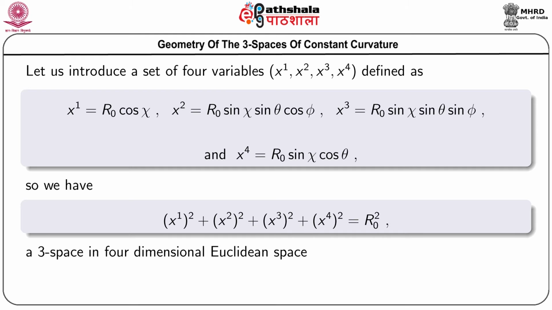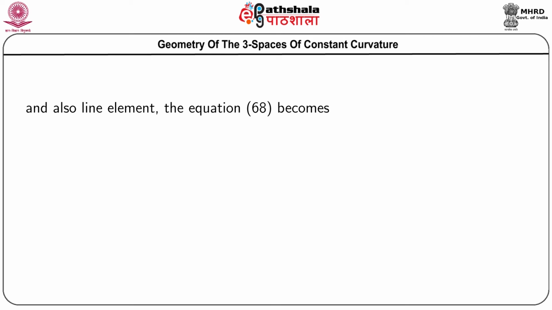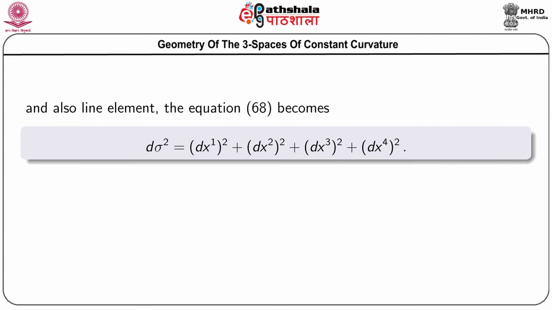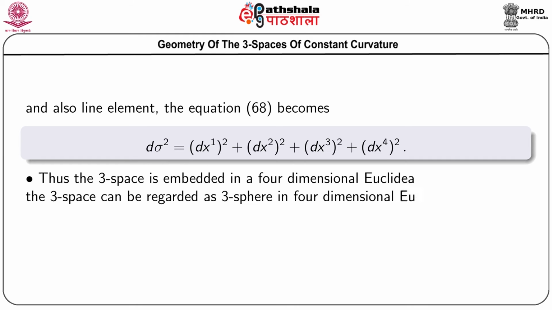So, a 3 space in 4 dimensional Euclidean space, and also the line element becomes dσ² equals dx1² plus dx2² plus dx3² plus dx4². Thus, the 3 space is embedded in a 4 dimensional Euclidean space, and also the 3 space can be regarded as a 3 sphere in 4 dimensional Euclidean space.